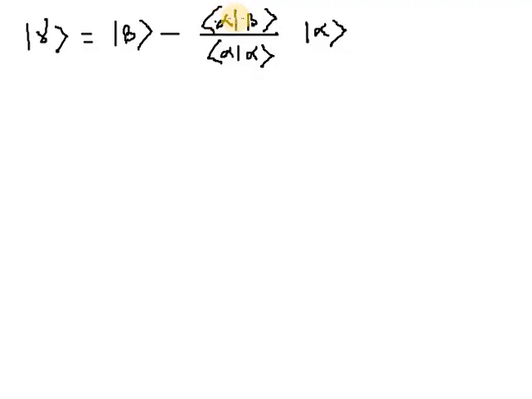So you can see <alpha|beta> is some number, complex or real. <alpha|alpha> is also a number which is a real number, and this entire thing is basically giving you a fraction, a certain scalar quantity. Beta is a vector from the linear vector space, alpha is a vector of the linear vector space. So what you are doing is one vector minus a certain scalar times another vector. So this gives you another new vector in the same vector space, which I am calling gamma. Okay, clear? So this is the first vector that I choose to prove the inequality.